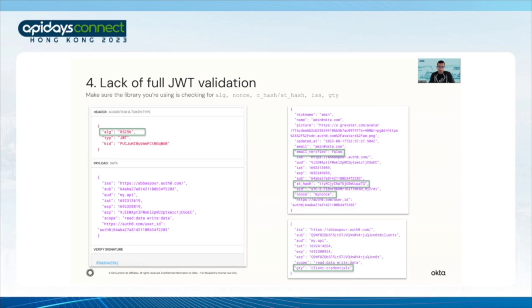Or if you have an ID token, check for claims such as nonce and any complementary tokens such as access token hash. So you can use this to validate your access token as well, or your c_hash for your authorization code.